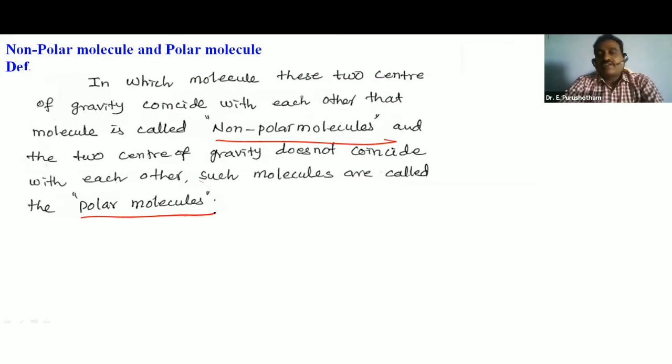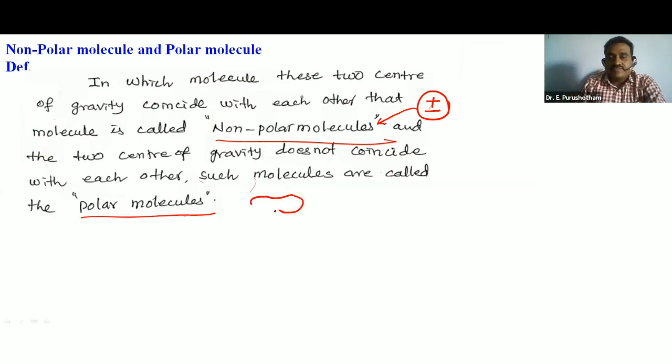If the two centers of gravity don't coincide with each other, this type of molecule is called a polar molecule.